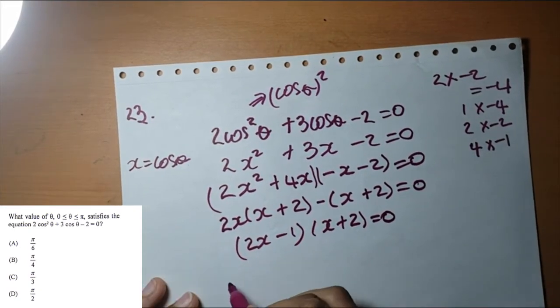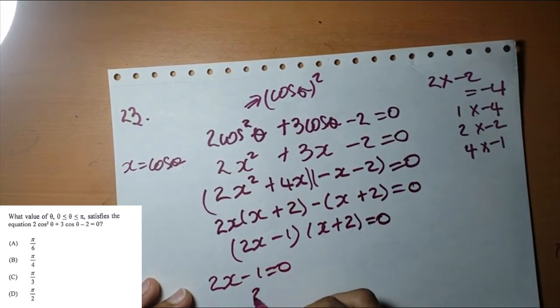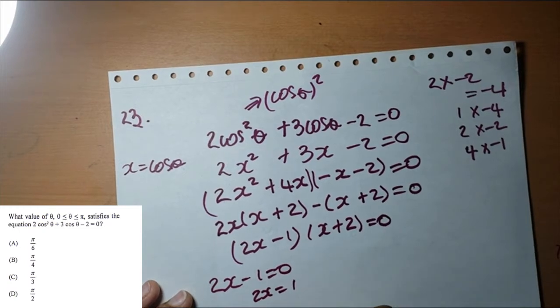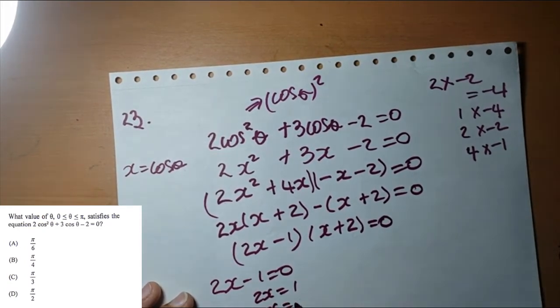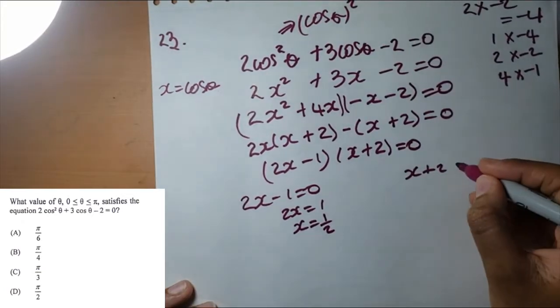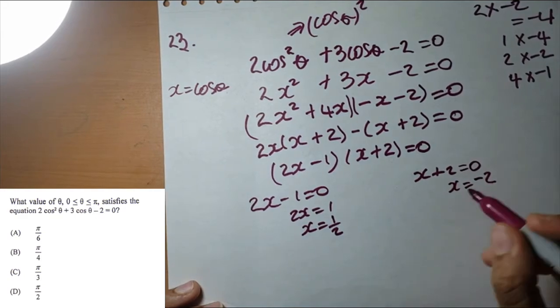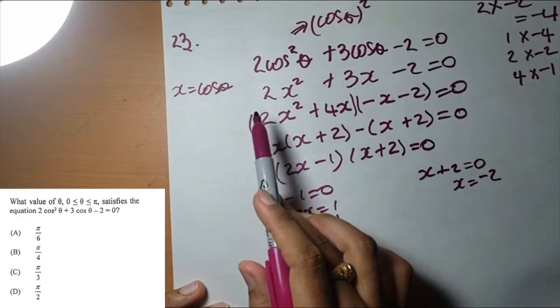Now when we solve for x, we have 2x minus 1 equal to 0, 2x equal to 1, therefore x is equal to a half. Then x plus 2 is equal to 0, so x is equal to minus 2. Now remember that x is equal to cos theta.